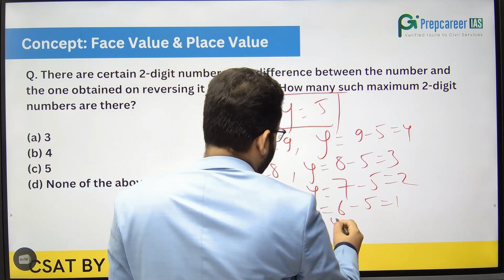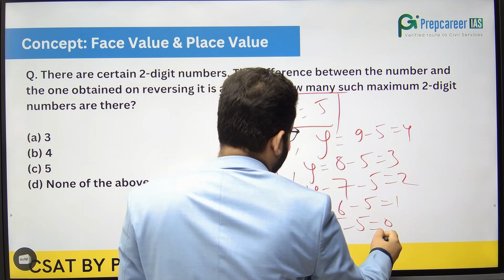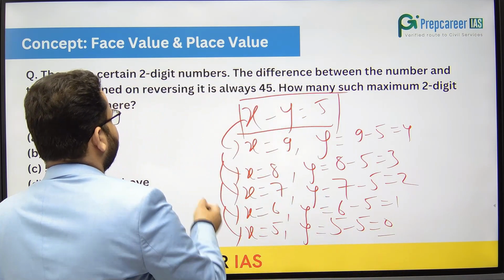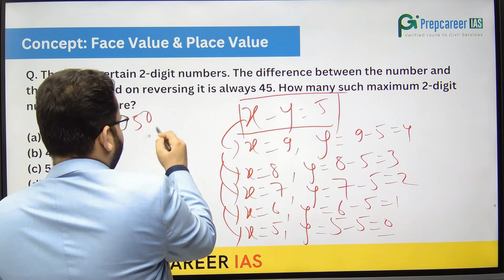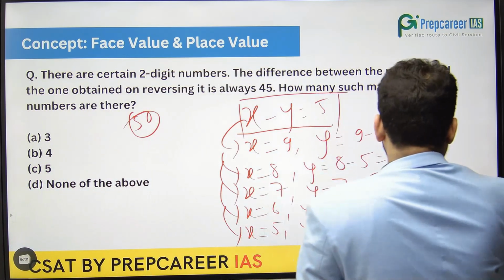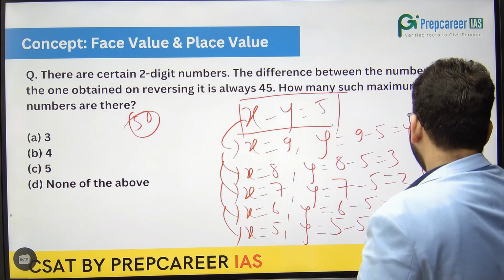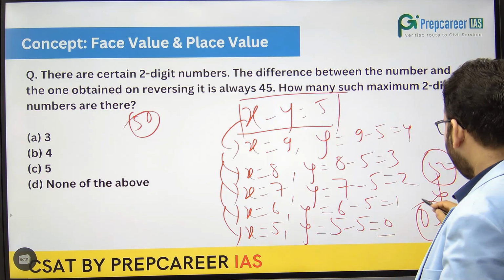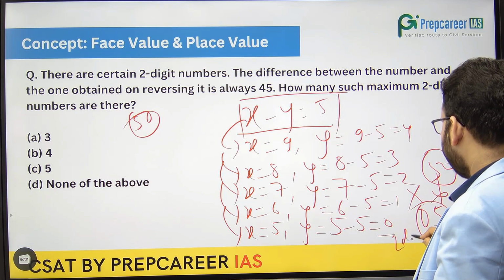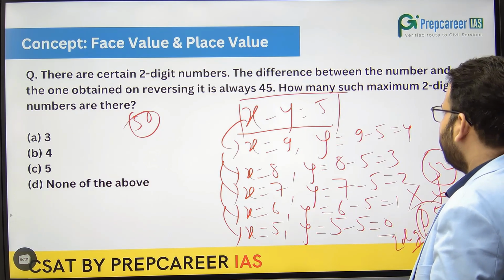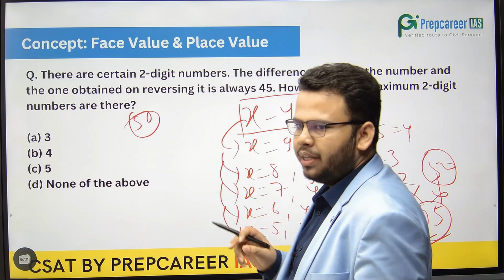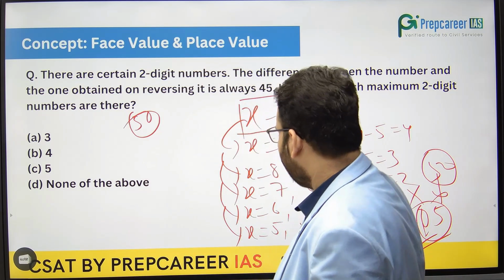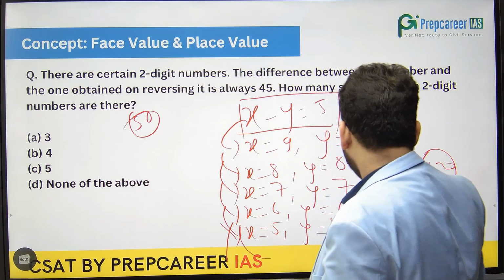Y you will get 5 minus 5, 0. But you have to understand that this number 50, when it is reversed, becomes 05, and 05 is not a 2-digit number. Right? This is not a 2-digit number.